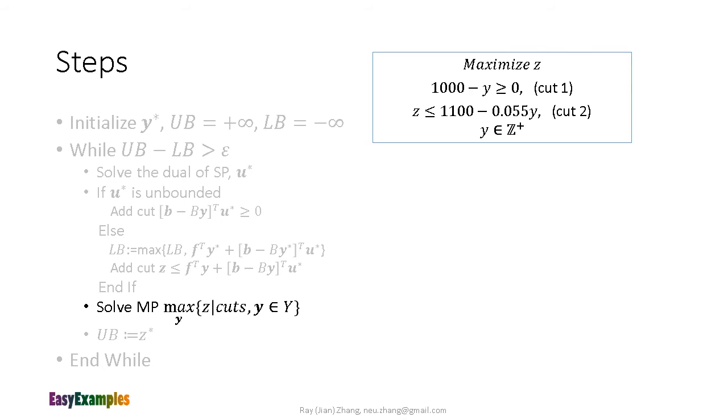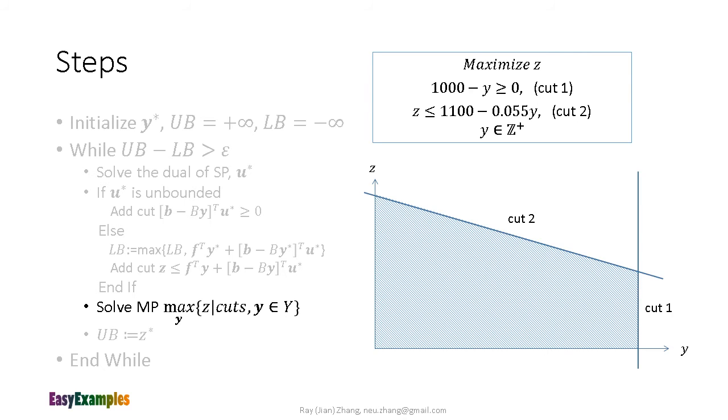Now we solve the master problem with all the cuts. In the figure, the shaded area shows the feasible region of z and y. From the figure, we can see that the optimal solution should be y star equals 0, and the objective value equals 1100.